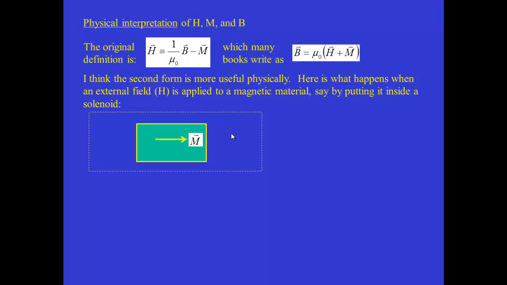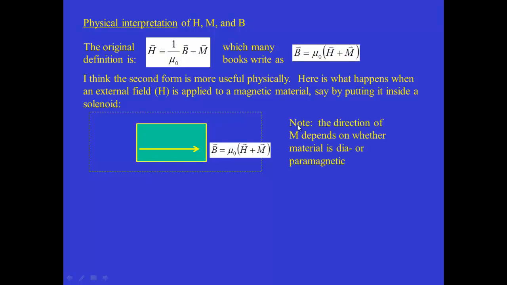One or both of those effects happens inside the sample, so that the net field inside the sample, which is what determines its properties, is actually the sum of those two fields. H represents the externally applied field. M represents what happens inside the sample in response to the applied field, and their sum, multiplied by mu0, gives us the net magnetic field B.